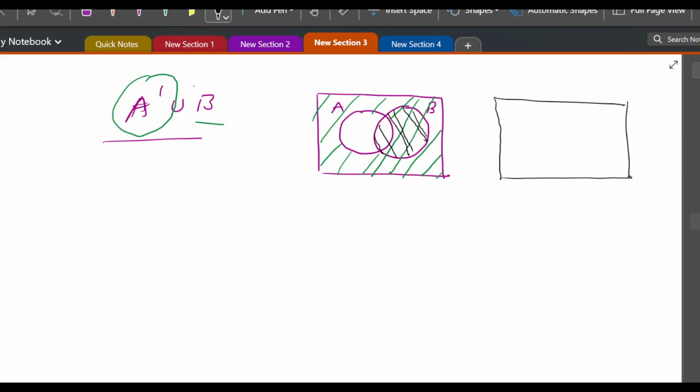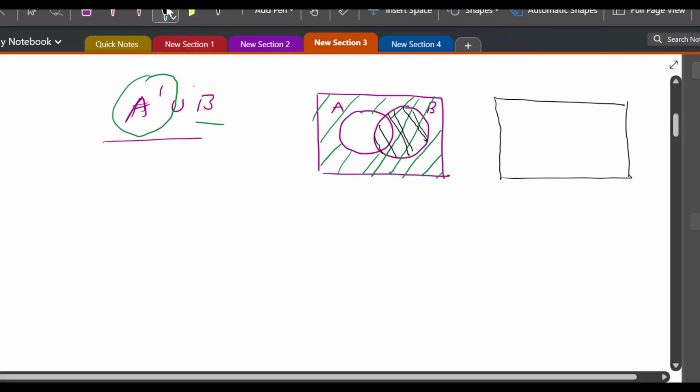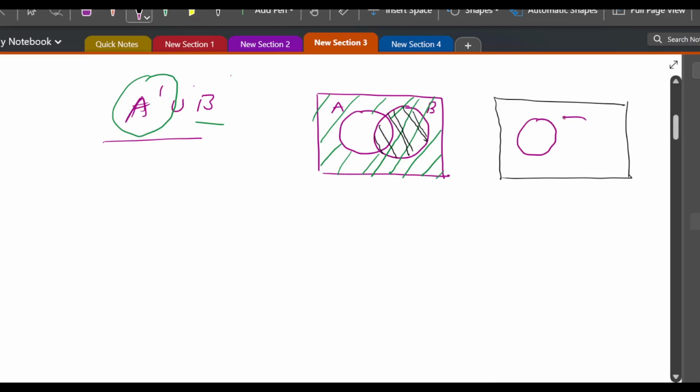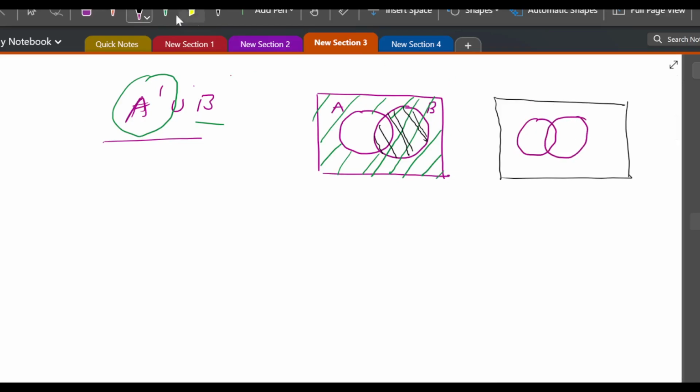And now when we say union, what are you doing? In union, you are taking everything which is shaded. So this is your A and this is your B. If I see where I have shaded, I have shaded this part as well as the intersection part.